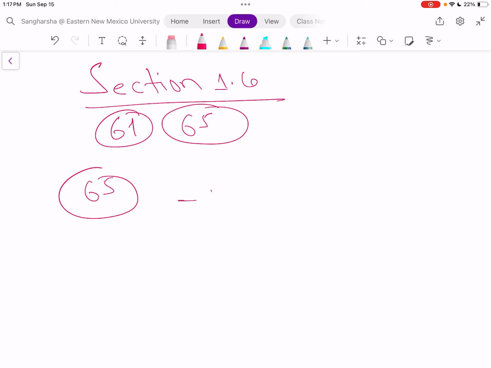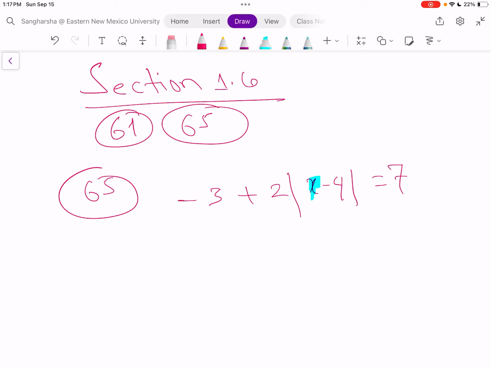So we have negative 3 plus 2 times the absolute value of x minus 4 equals 7. So this is an absolute value equation, and we are asked to solve it. Solving means we are making x by itself.